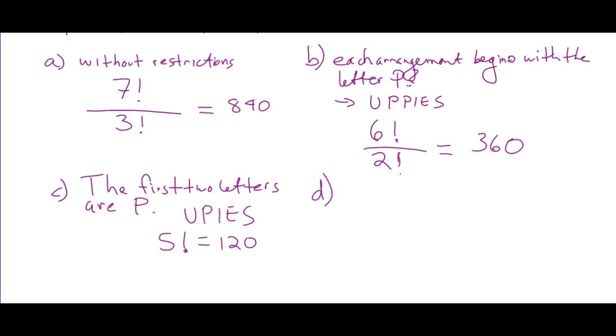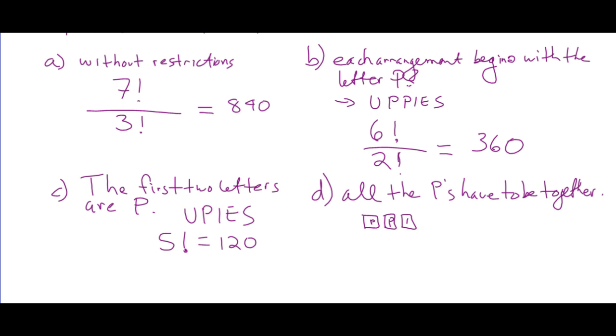What if all the P's have to be together? So if you remember, we did that with oranges, where all the vowels had to be together, O-A-E. So we're going to do this the same way, right? I've got my little Scrabble tiles. Here's all the P's, but they have to be together, so I'm going to put them on one big tile, right?